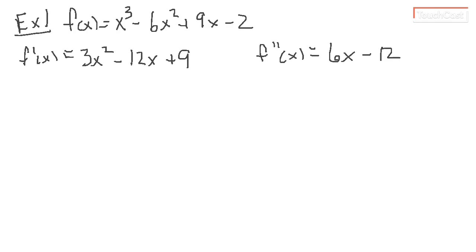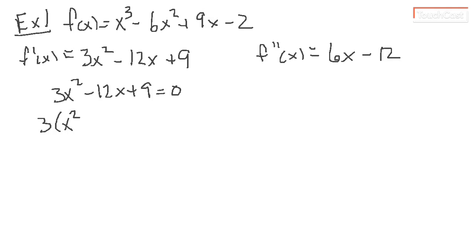Now, remember, to find critical numbers, we're going to want to take the first derivative and set it equal to 0. So let's do that. We've got 3x squared minus 12x plus 9 is equal to 0. I do notice that each term is divisible by 3, so I'm going to factor a 3 out.